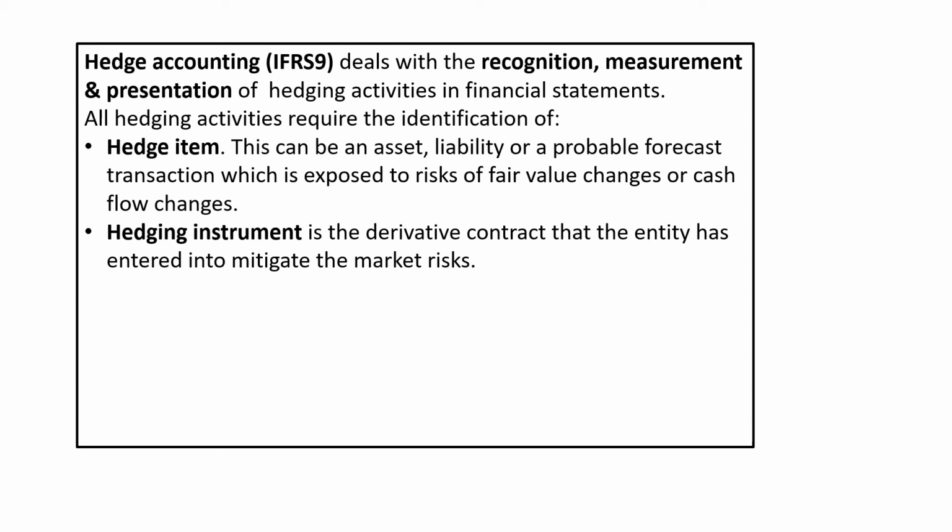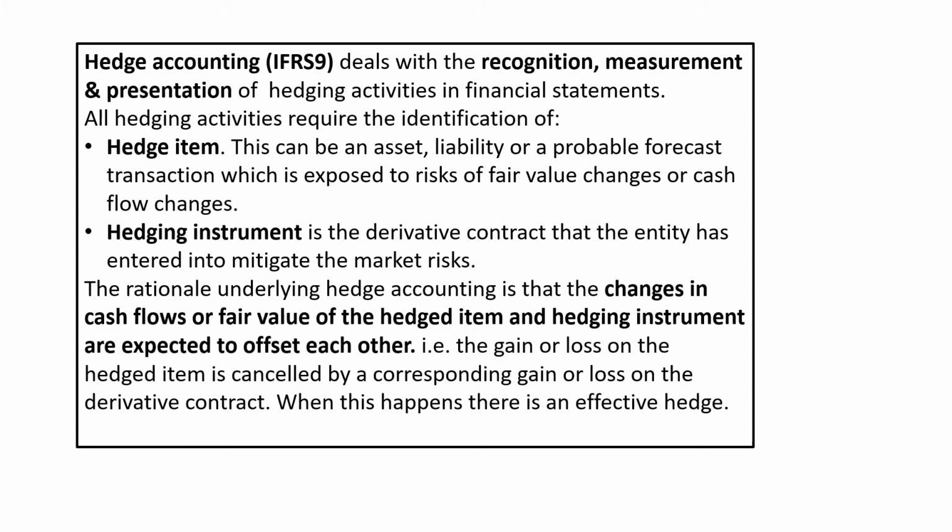You had things like forward contracts, futures, cross-currency swaps, options, and so on. Now, these are derivative contracts that the entity has entered into to mitigate the market risk.